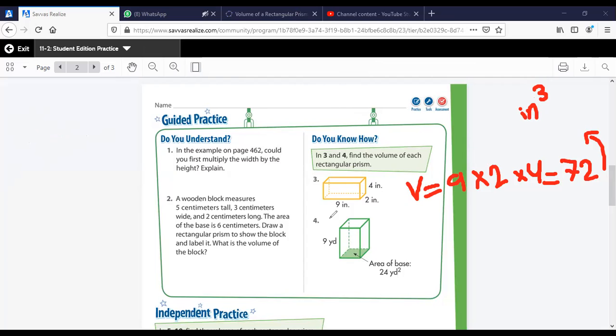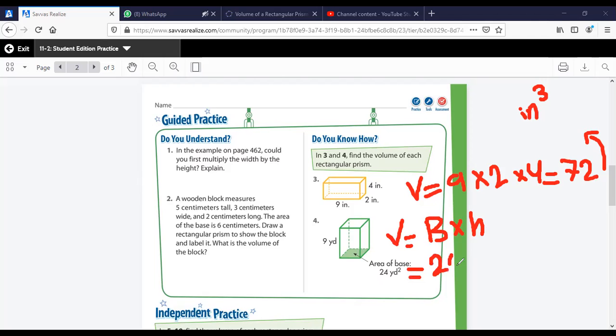So now in the second case, here in question number 4, he didn't give me the lengths of the 3 dimensions, but he gave me the area of the base and the height. So I will use the second formula. The second formula tells me that the volume equals the area of the base times the height, right? Now the area of the base here is 24.